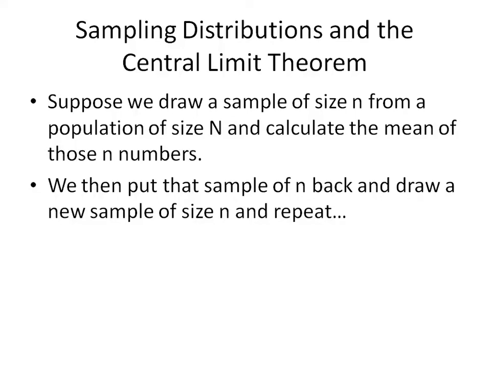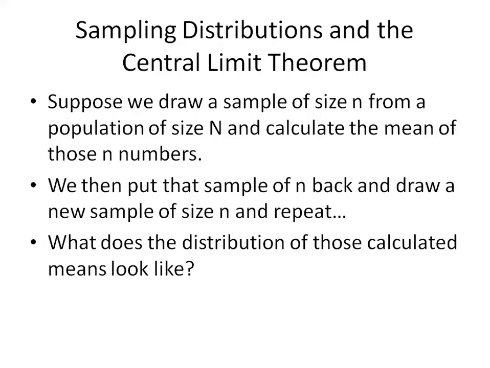So we have these million numbers, we pull out 10, find a mean, put them back, pull out another 10, find a mean, put them back. And the question is, what does the distribution of those calculated means look like?